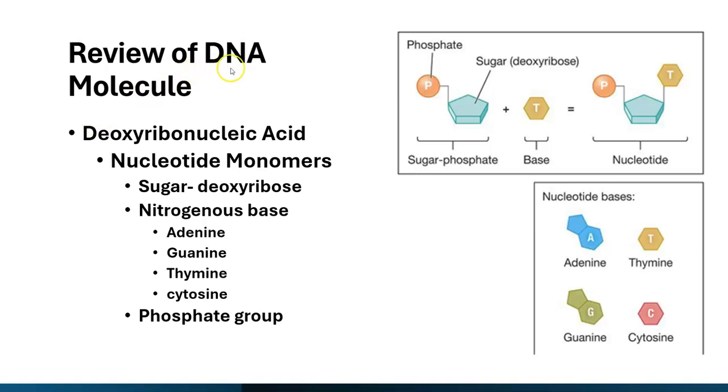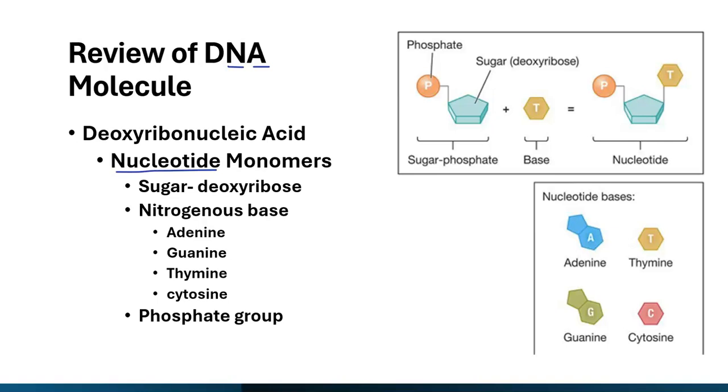Remember, DNA stands for deoxyribonucleic acid, so it belonged to that group of nucleic acids. And nucleic acids are comprised of nucleotides. Remember, those were the building blocks of our nucleic acids.